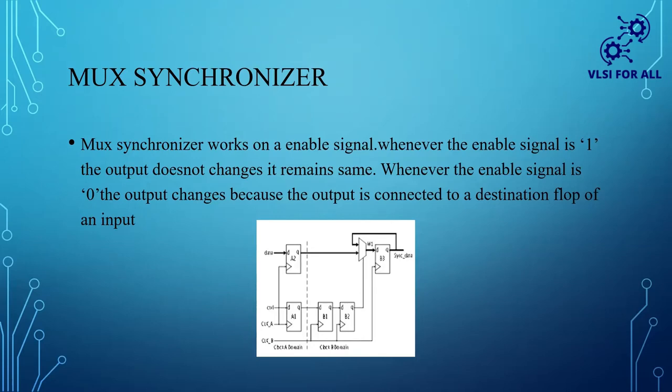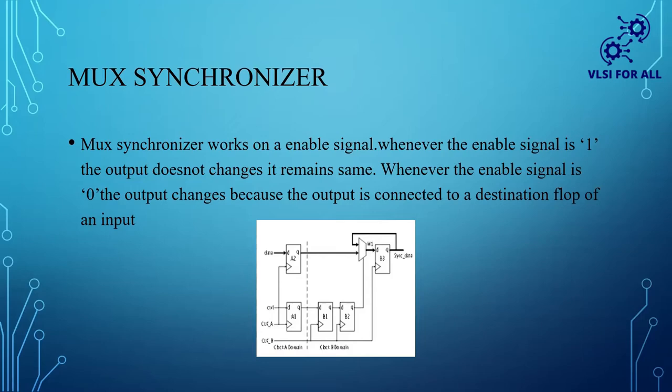How is it synchronized? First, we send an input, and that passes through a flop, and from that flop it goes to the flip-flop synchronizer. It samples there, and with the help of an enable signal, we receive a synchronized output. How can we detect it? With the help of an enable signal, enable 1 and enable 0.